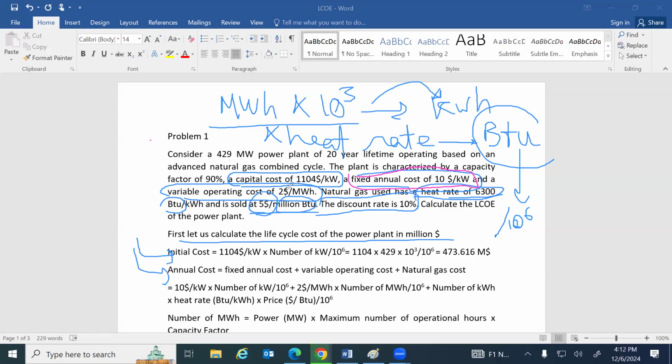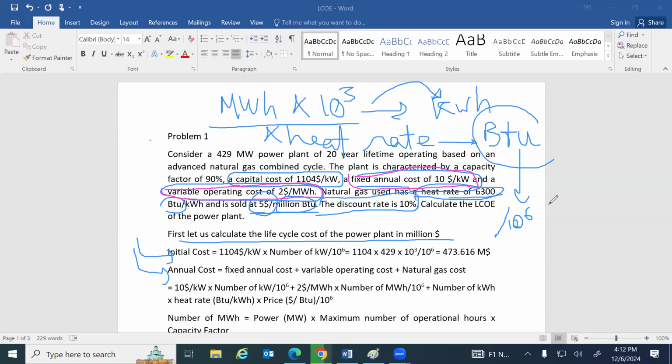They gave us also another operating cost that is given per megawatt hour. So we just have to multiply this cost by the number of megawatt hour. And in addition to this, we have the cost of natural gas that we should buy for each year, the annual cost, and we have seen how to calculate, okay?